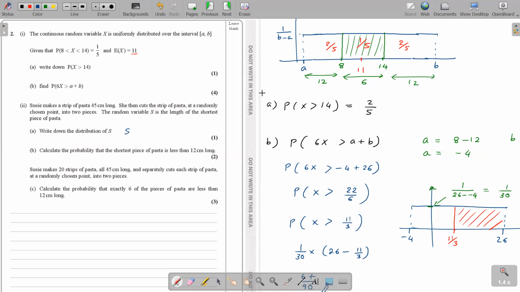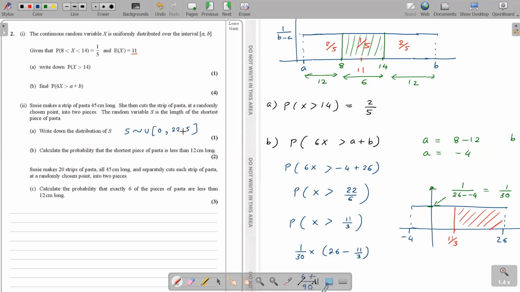Do you think we have binomial here, Poisson here? This is uniform. It's again uniform, and your shorter piece could be anything in between 0 to, what's the middle of 45? 22.5. Are you with me? So your shorter piece has to always be between 0 and 22.5. Do you agree with me?